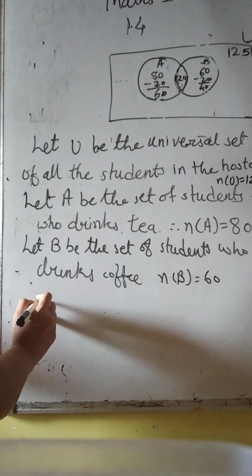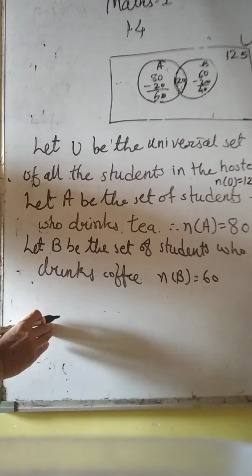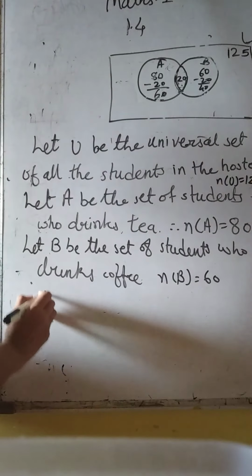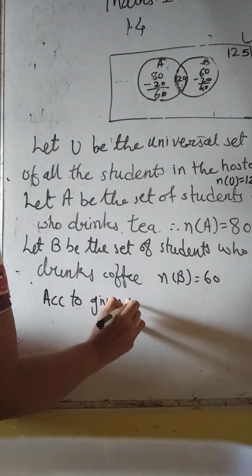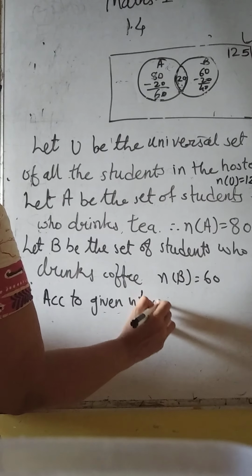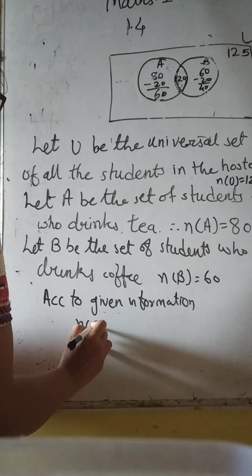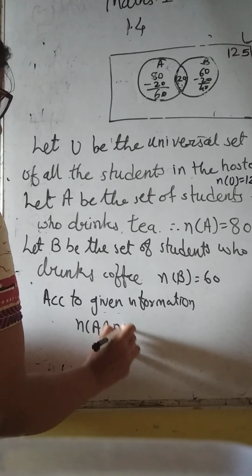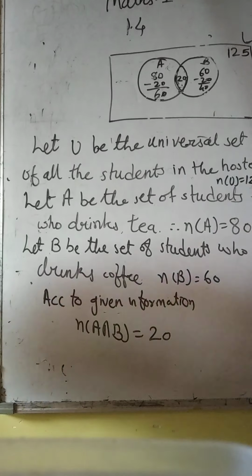What else is given? Intersection is 20. So according to the given information, N of A intersection B, those who drink both, is 20 students.